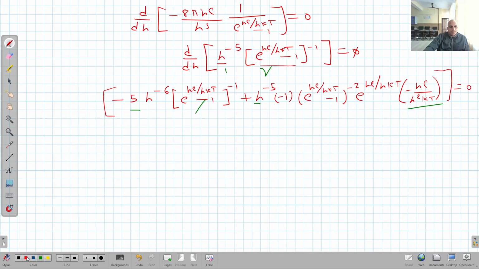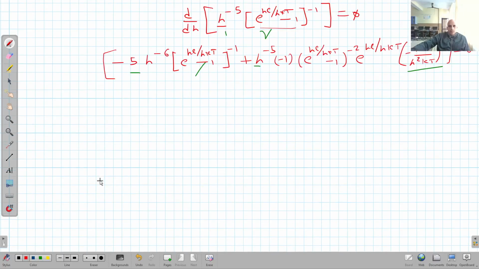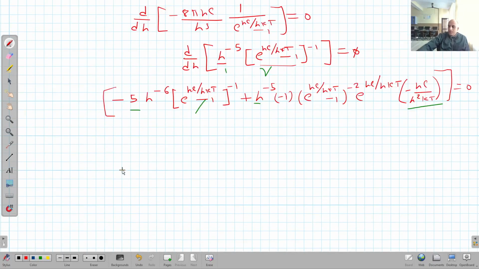Now I am going to simplify this equation. Then it will become minus 5 upon lambda power 6 into e raised to power hc upon lambda kT minus 1.